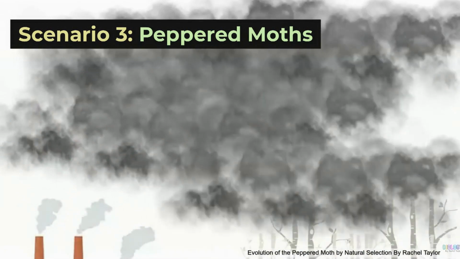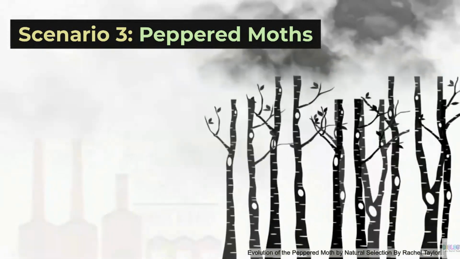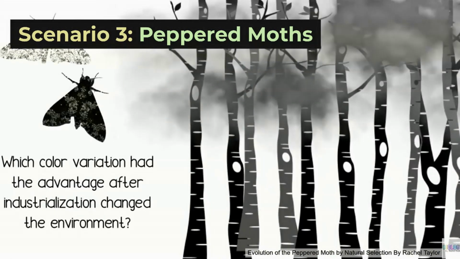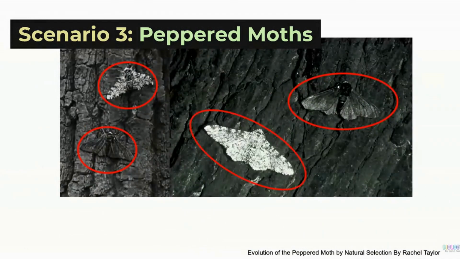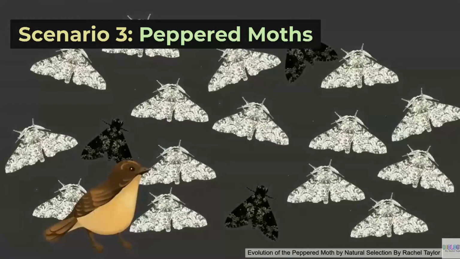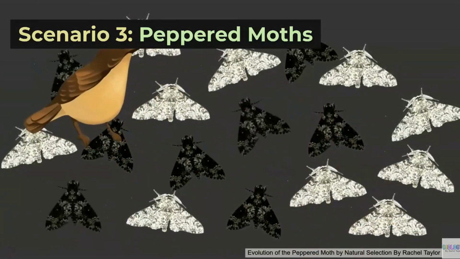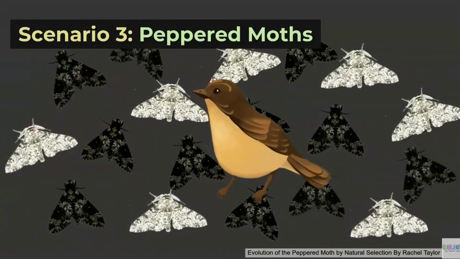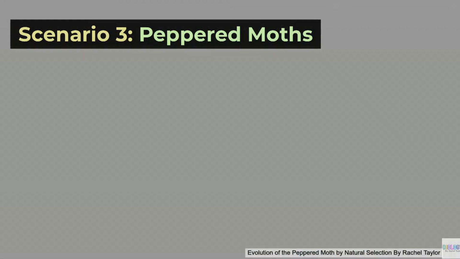Light-colored moths, which were previously well camouflaged against the lighter tree trunks, became more conspicuous and easier to find to predators, resulting in higher predation rates of those light-colored moths.